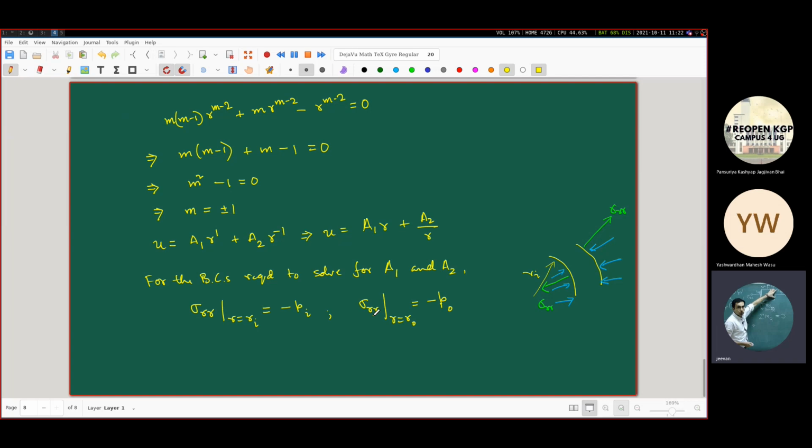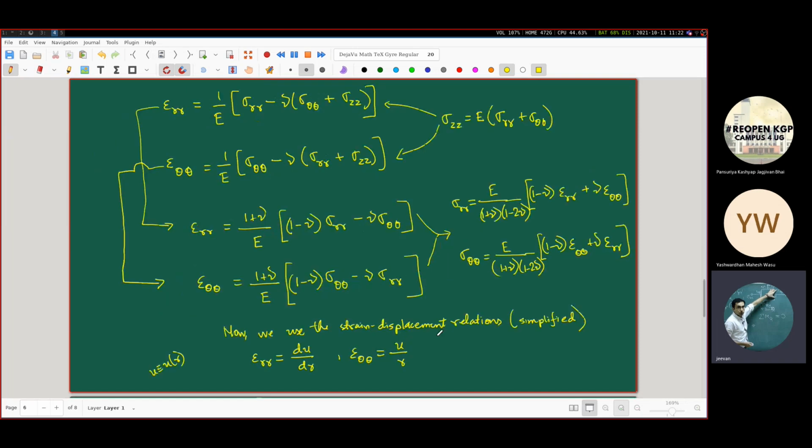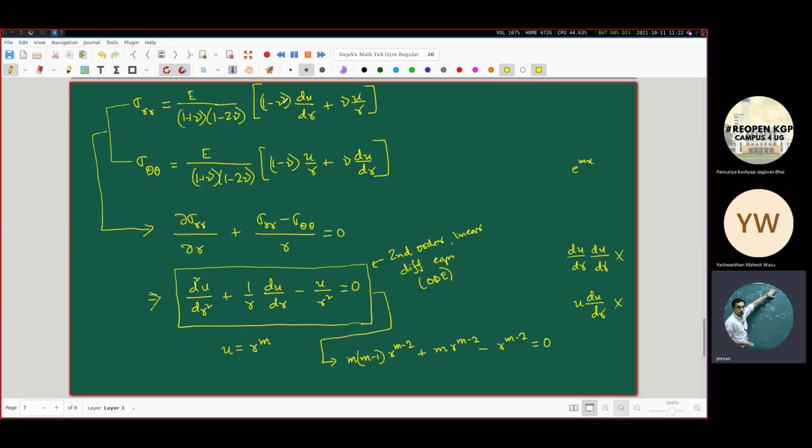We have already expressed sigma Rr in terms of epsilon Rr and epsilon theta theta, and subsequently, by using the strain displacement relations, we have obtained this sigma Rr in terms of the u. And we are going to use this.